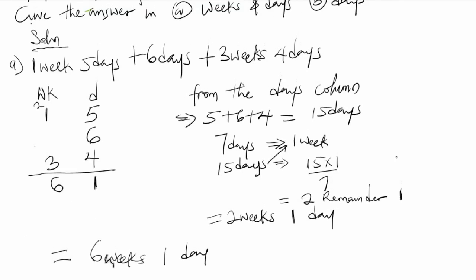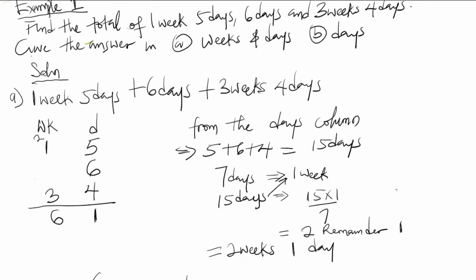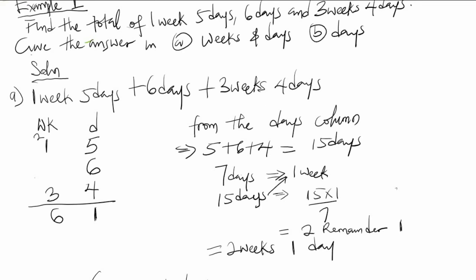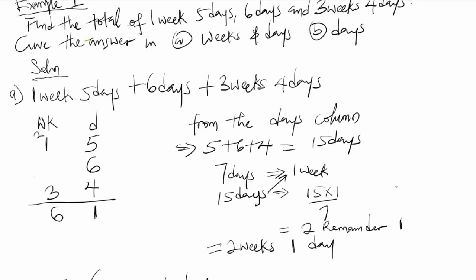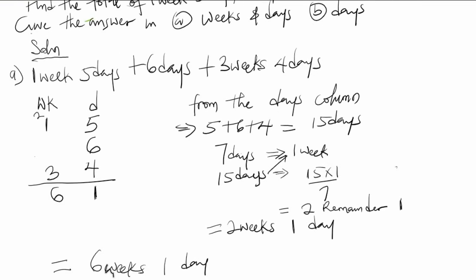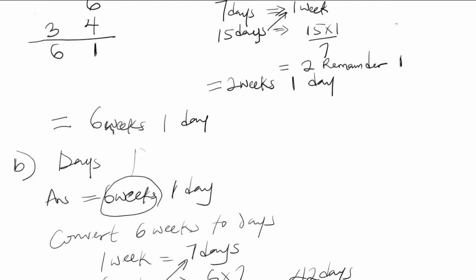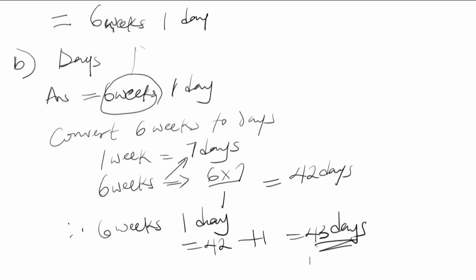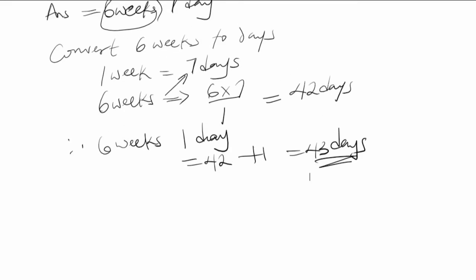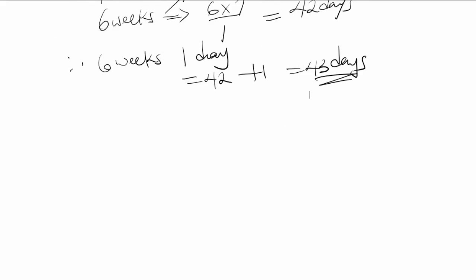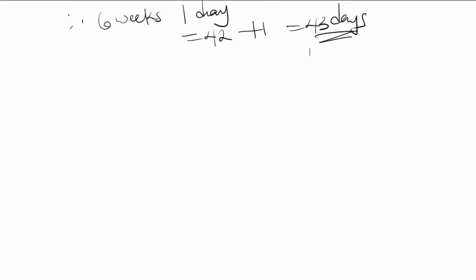I'll just scroll up for those that want to copy. I'll give you like 2 minutes to write this down. Then we'll proceed to the next example. This is very, very easy. Let's go to the next example.